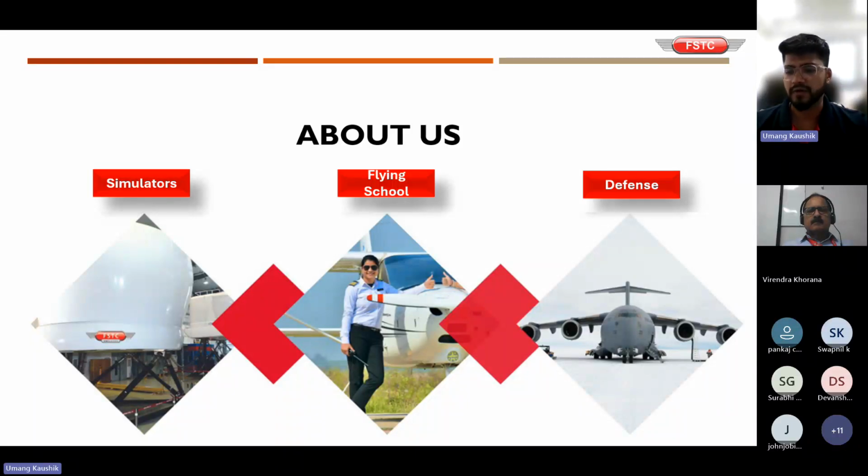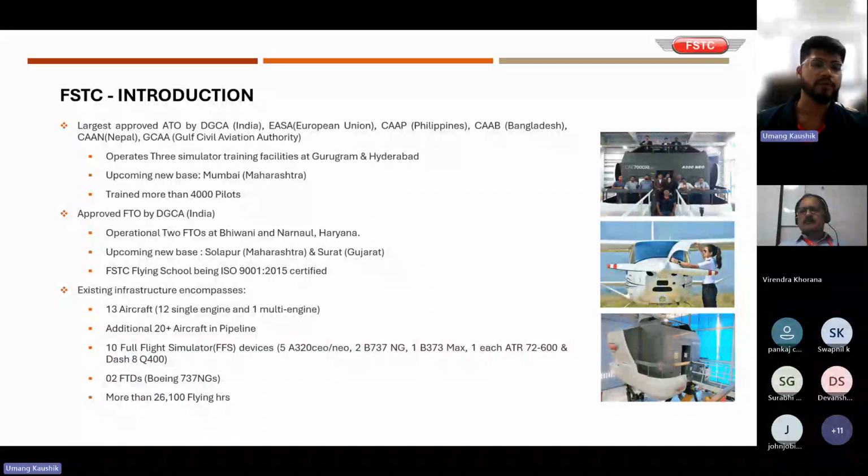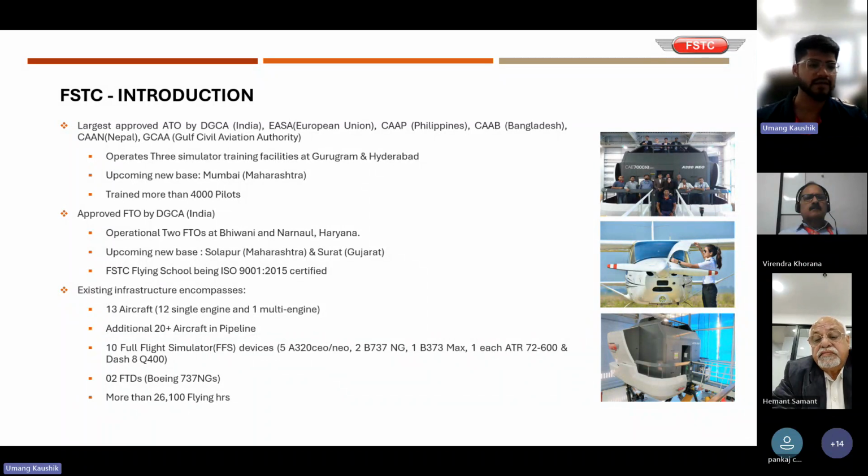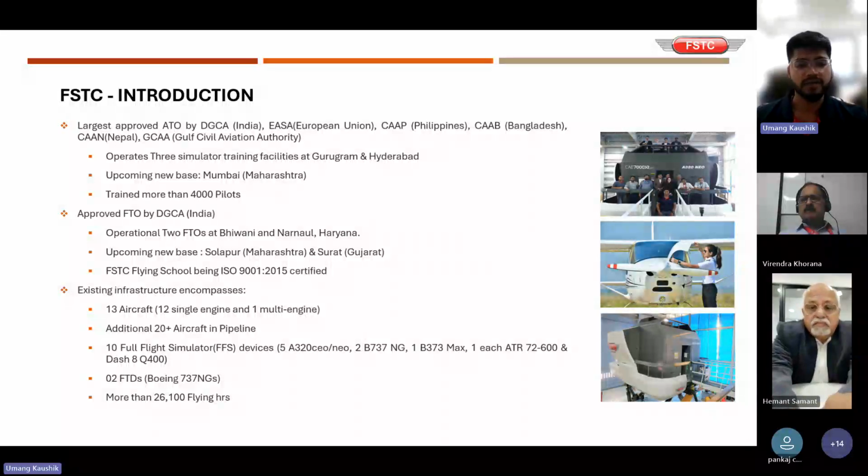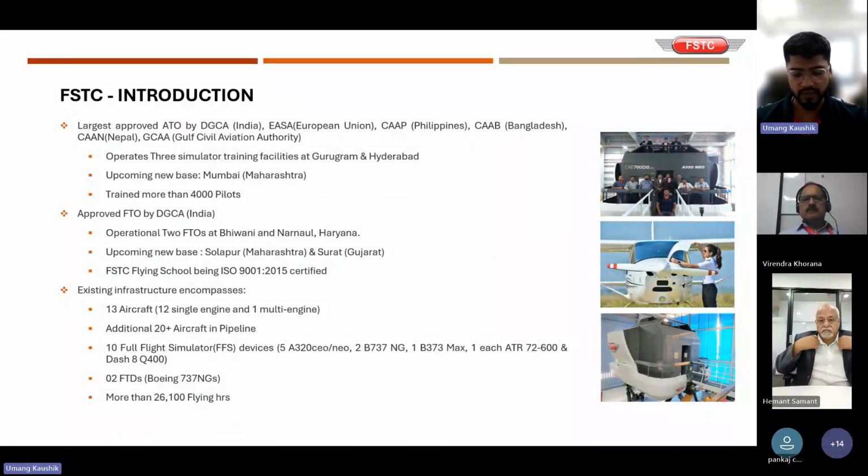This is just for your information. We are the largest approved ATO by DGCA, also by EASA, Philippines, Bangladesh, Nepal, and Gulf. We are operating 3 simulator training facilities, 2 in Gurgaon and 1 in Hyderabad, with a new base upcoming in Maharashtra.